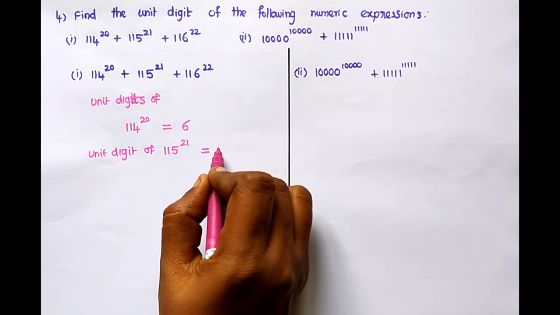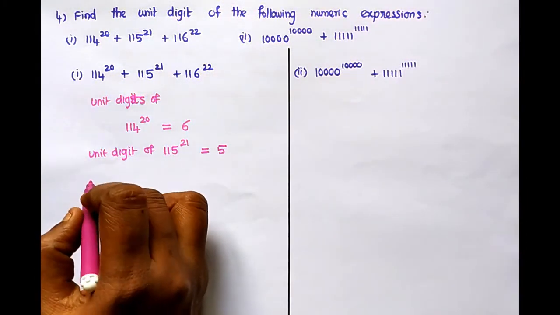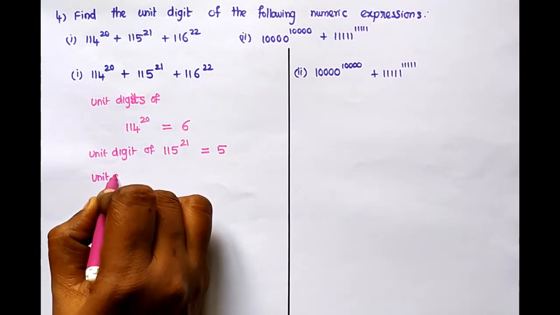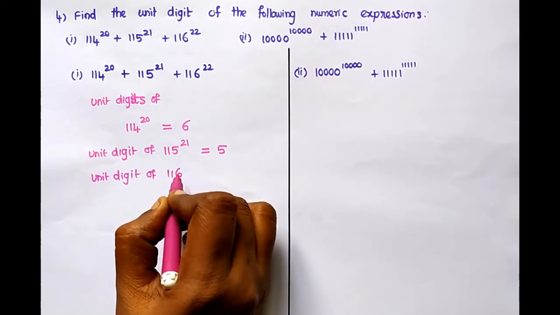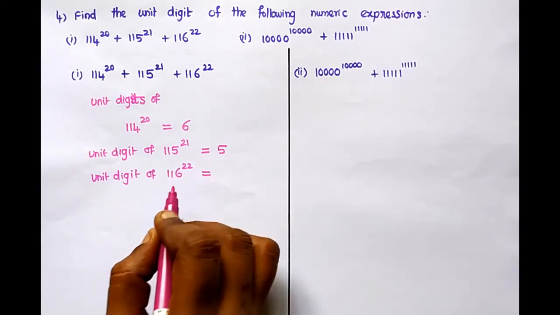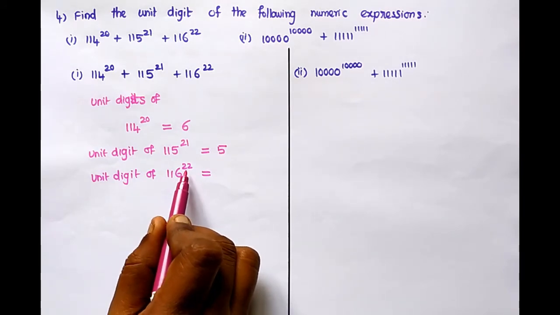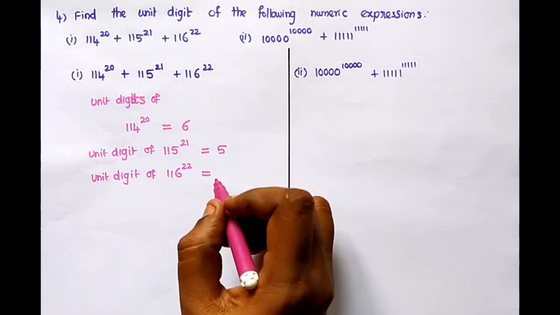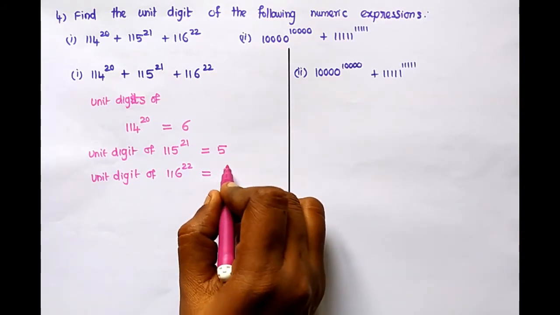Odd or even, we get the unit digit 5 only. And then unit digit of 116 power 22. Listen, unit digit of base is 6 and power is 22, even number. So we get 6 only.